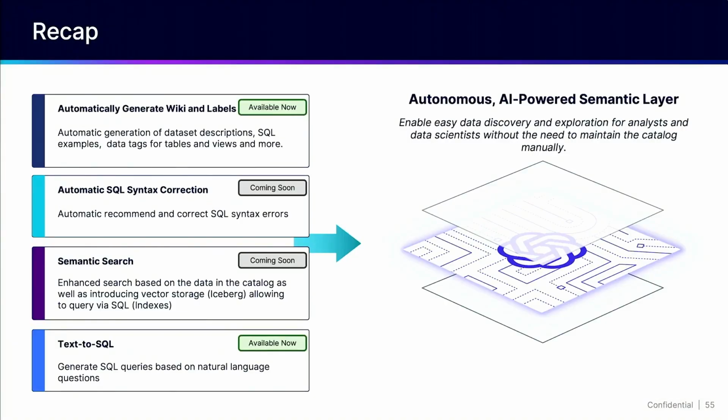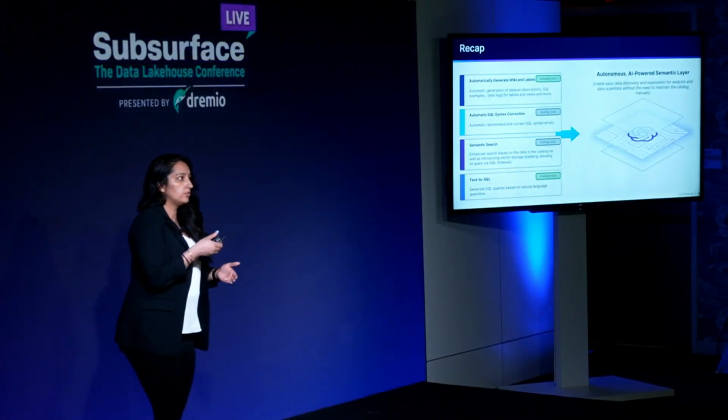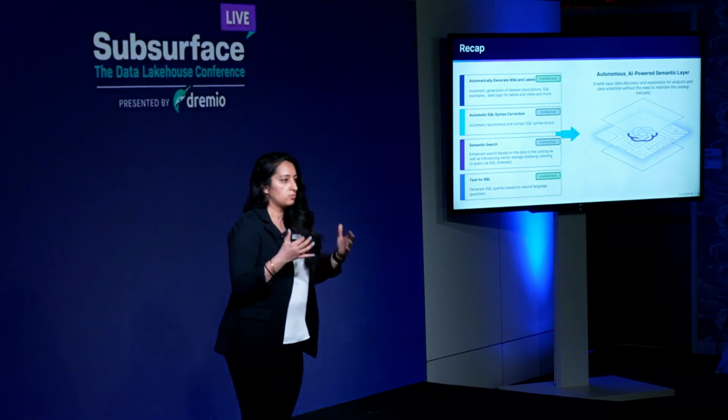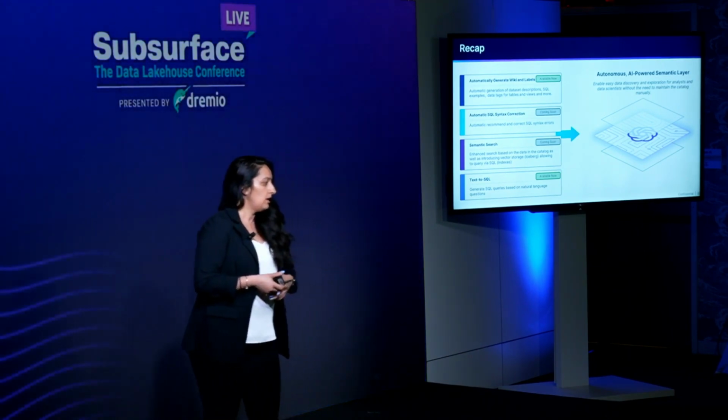So I told you it was going to be a quick one. To recap, what Dremio is looking to deliver is an autonomous AI-powered semantic layer. And that just means that we want to make it easy for you to discover, explore, build, all of that stuff, right? Whether you are a data engineer, whether you're an analyst, whether you're a data scientist, this will power your experience.